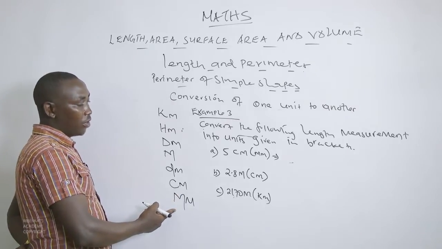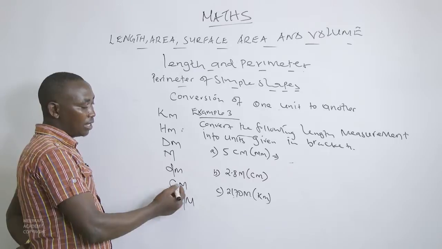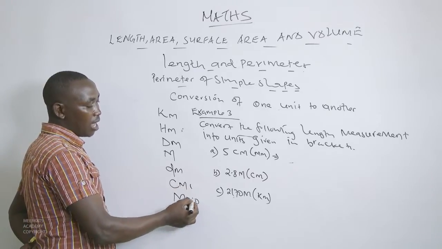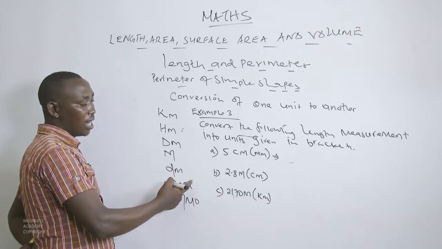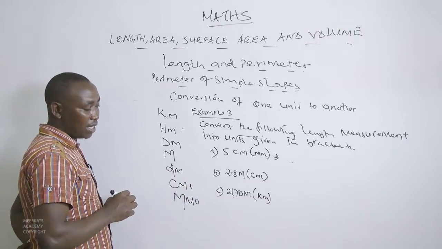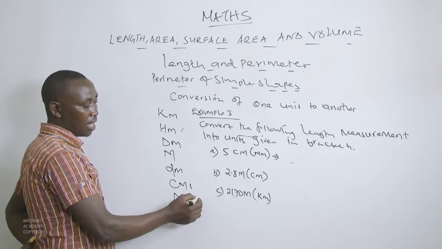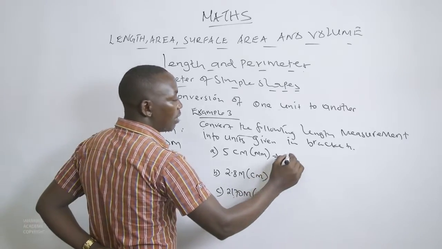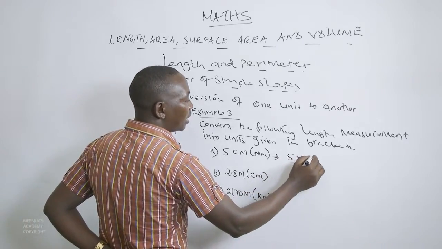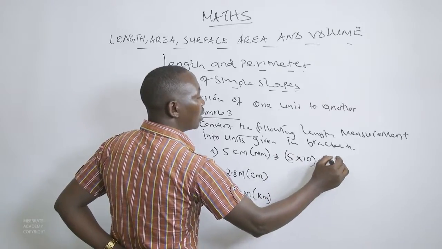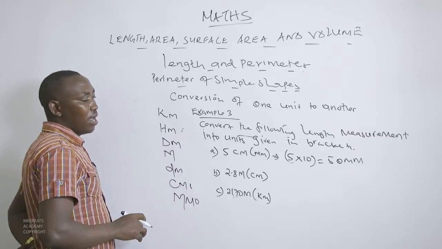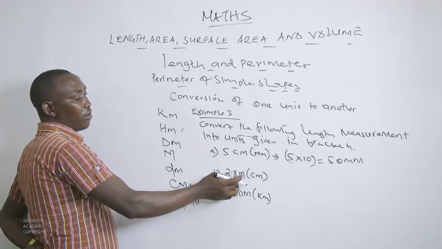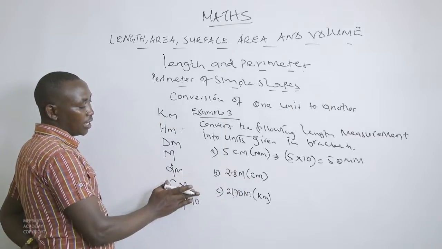So for you to come from centimeter to millimeter, we need to multiply the value given in centimeters by 10. So you write there 1, then here 0. So this shall be 5 multiplied by 10, which shall give us 50 millimeters.